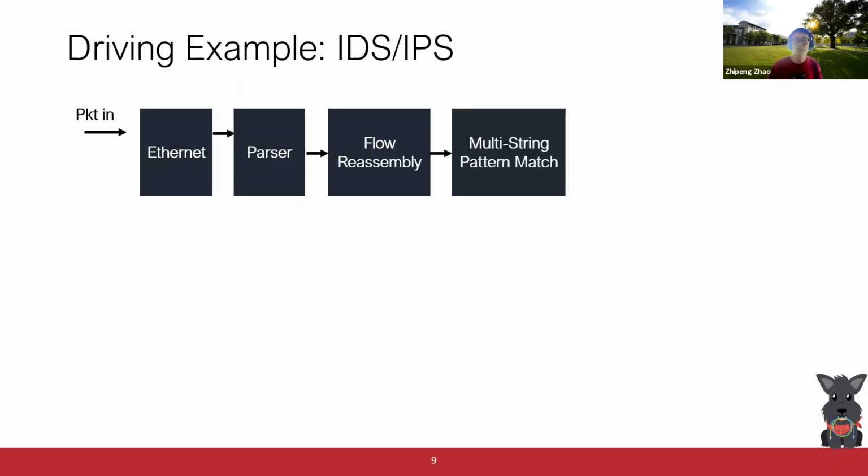The pattern matching check is divided into two parts. The first part is called multi-stream pattern matching, which is the most compute-intensive module in an intrusion detection system. Here, the multi-stream pattern matching module extracts one of the highly selective stream patterns from each rule.